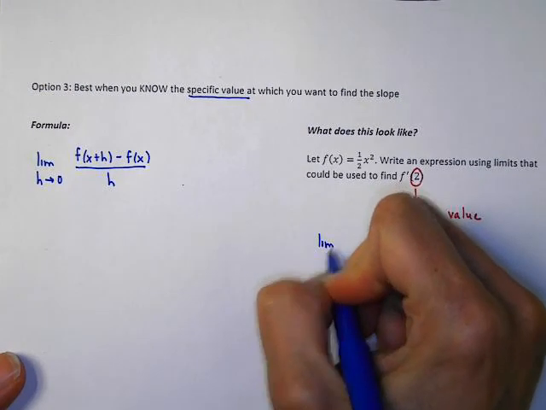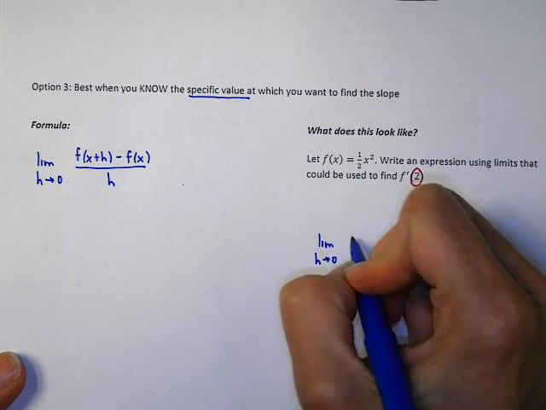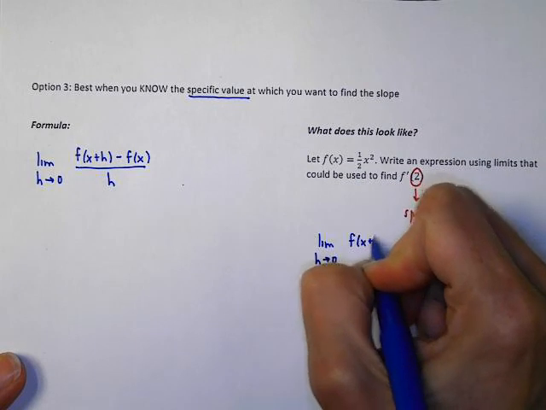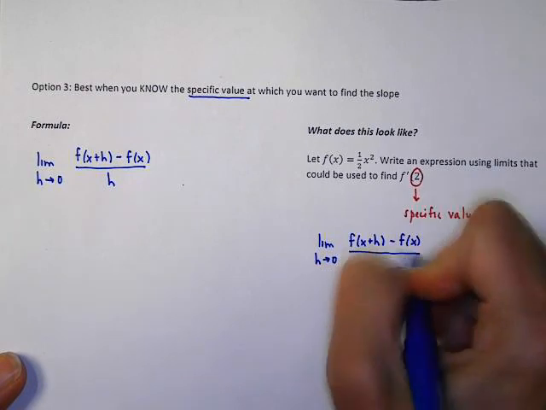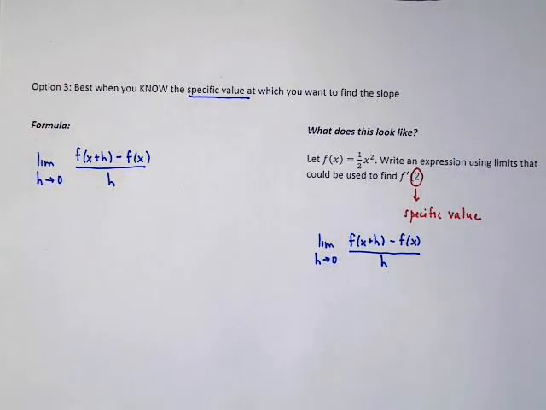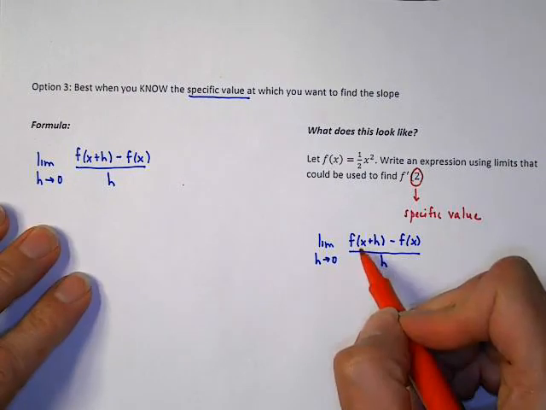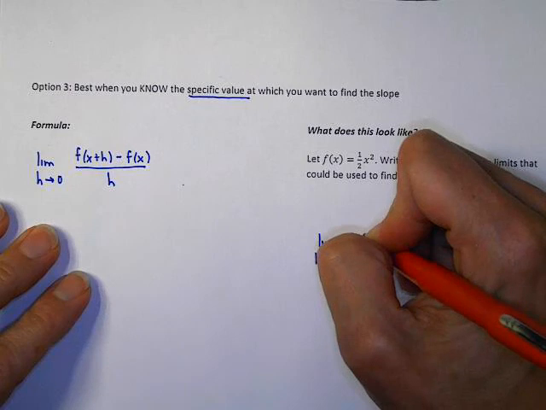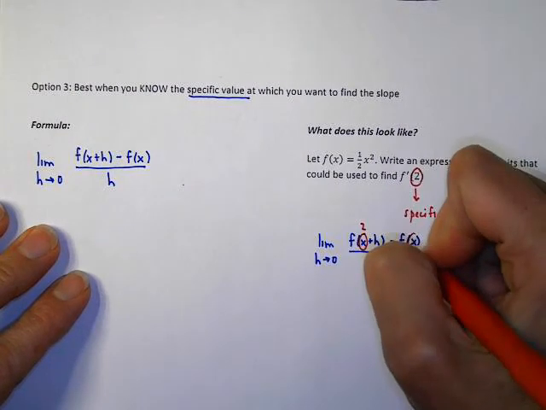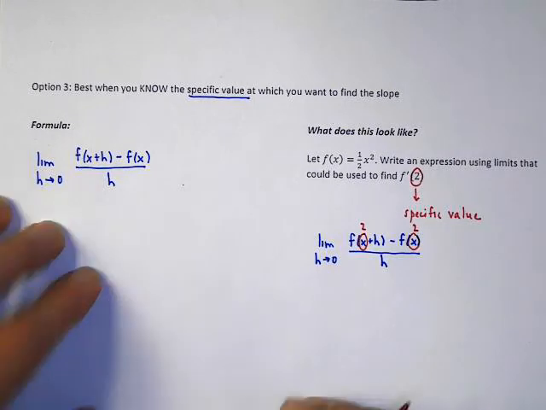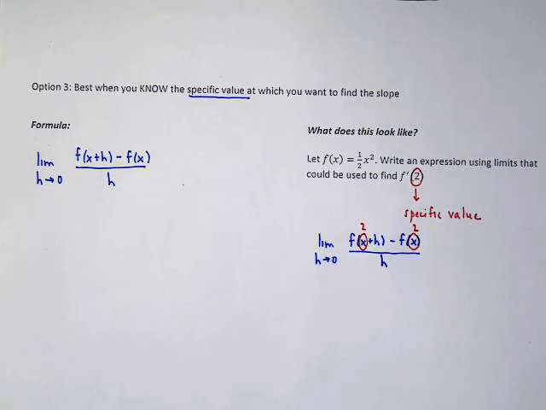So the limit as h approaches 0 of f of x plus h minus f of x all over h. Now, a couple of things are going to happen here. Wherever I see my x, this is going to become the 2, because that was my specific value of x.